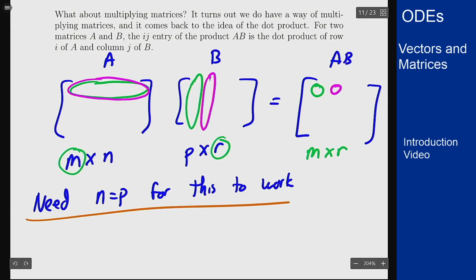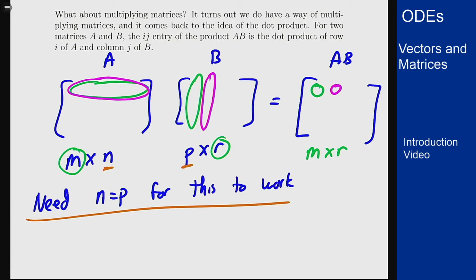So the inner two have to match, and the output has the outer dimensions. Because for every choice of a row of A, that is a row of the product, so the number of rows matches, and for every column of B, the number of columns matches.